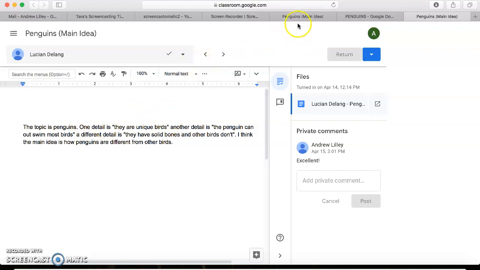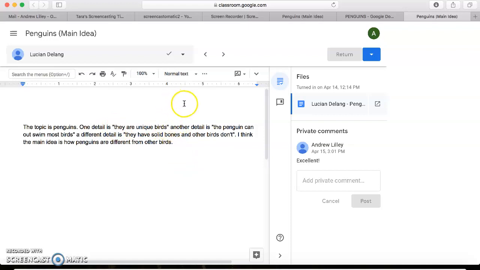This is taken directly from the text. He put it in quotes. Now, if it were on specific page numbers or paragraph numbers, it would be best to add that in there as well, but this works just fine for me as long as you're putting them into quotes. This is the quotation mark, by the way. So make sure that when you're citing pieces of evidence from the text, you do put them into quotations.